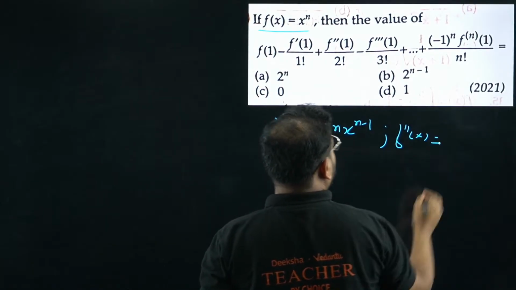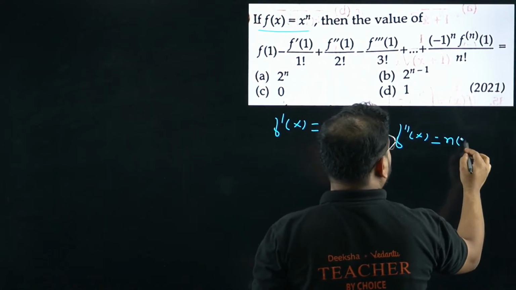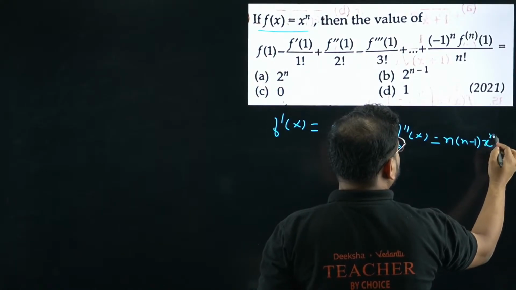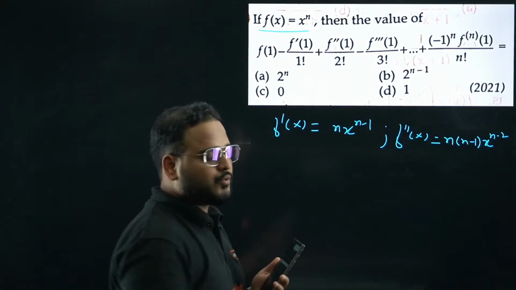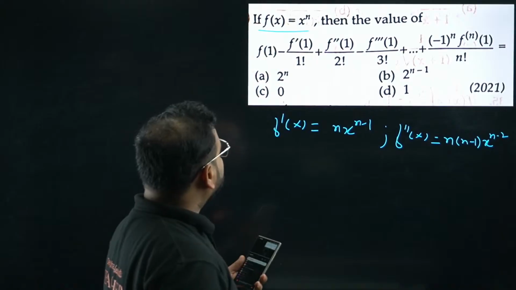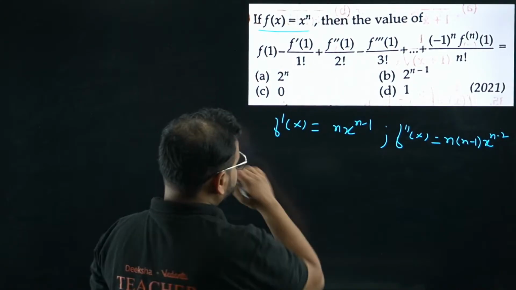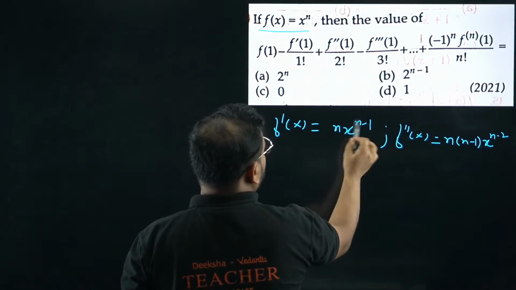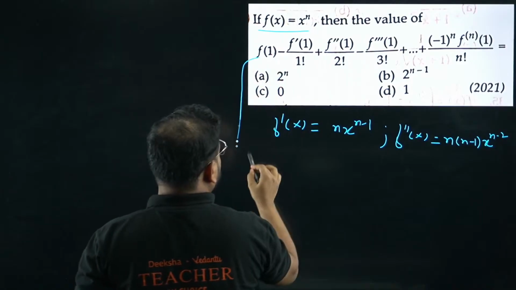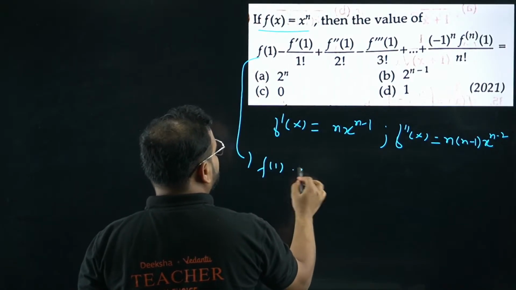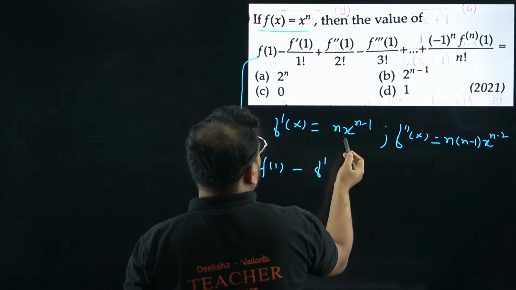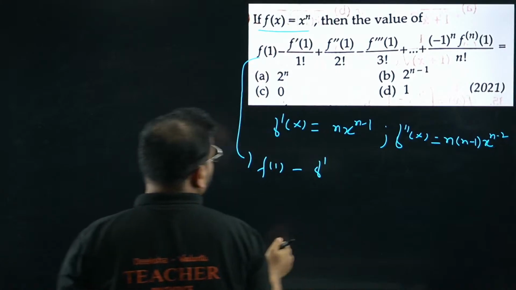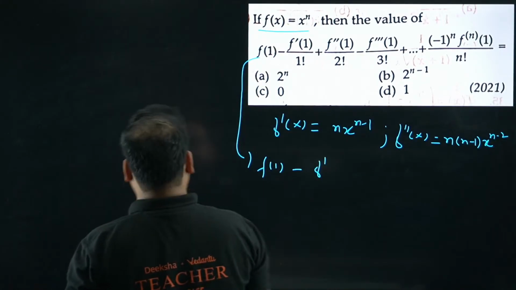We'll have n times n minus 1 times x power n minus 2, and so on. If you put the value 1 here, x power anything becomes simply 1. Check this series now: f of 1 minus f dash of 1 will become simply n, if you put x as 1.